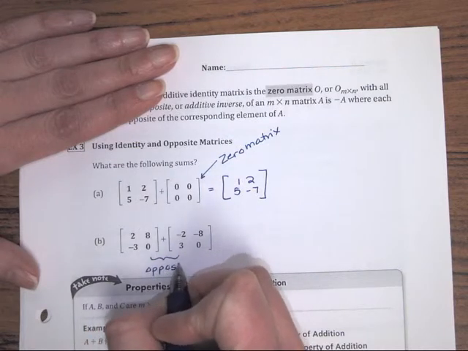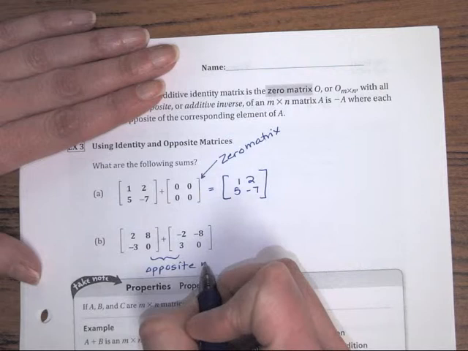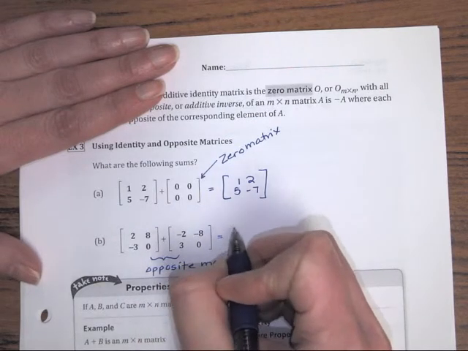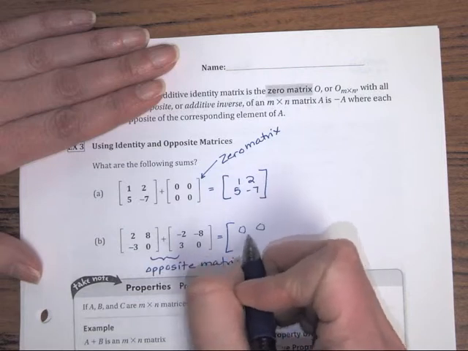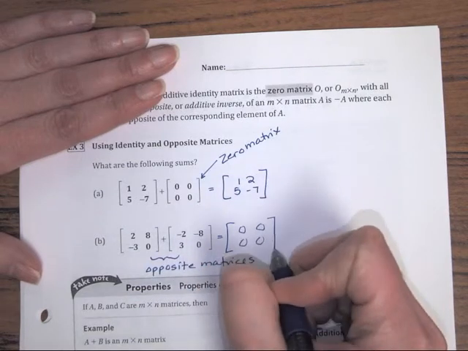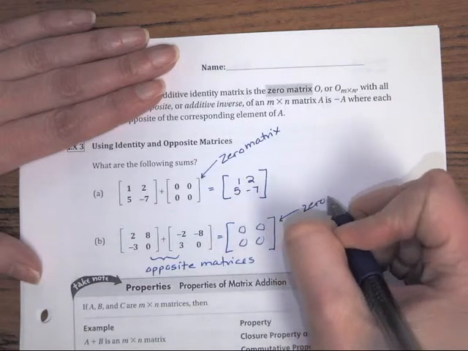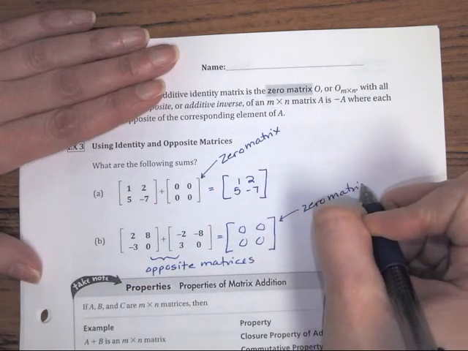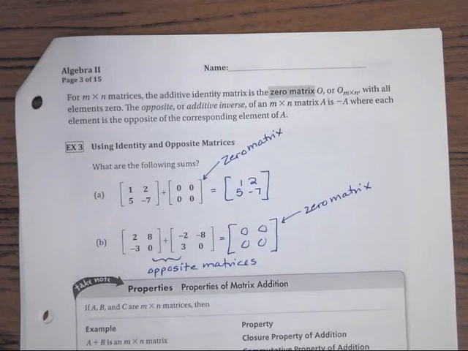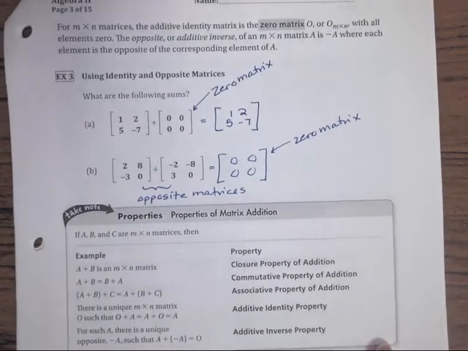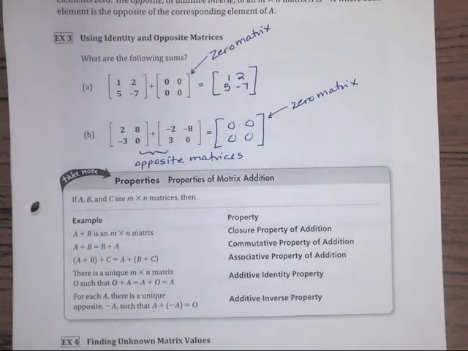What do you think you will get if you add these? A zero matrix. That's exactly correct.